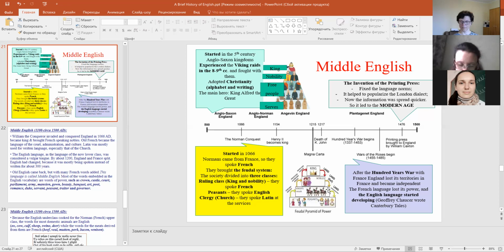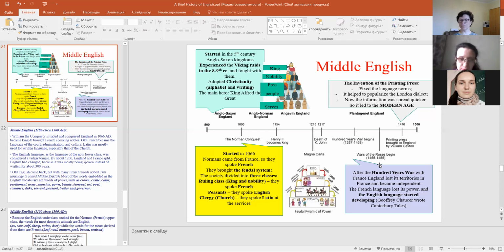After the Norman conquest, we see that free people became peasants. Yes. And all power was in the hands of the king. Peasants are not free. Okay, enough. We see feudal pyramid of power.